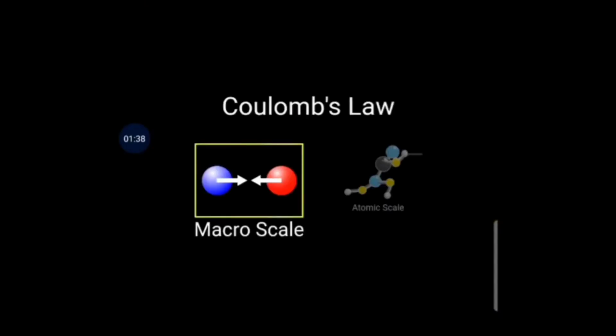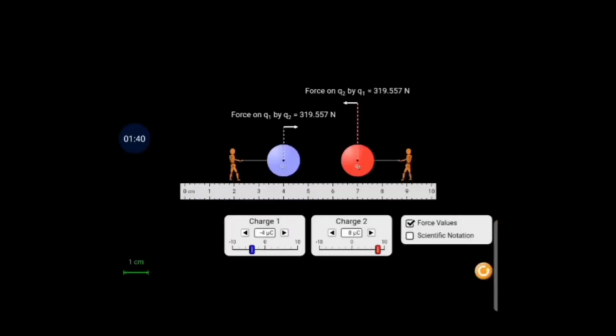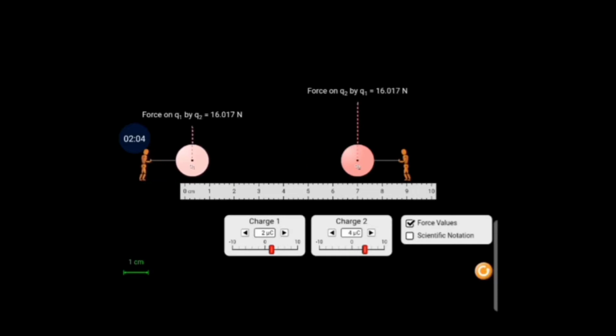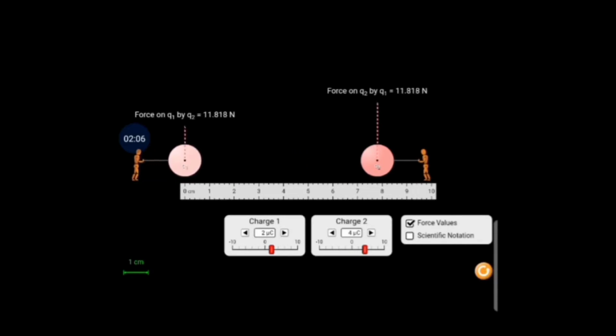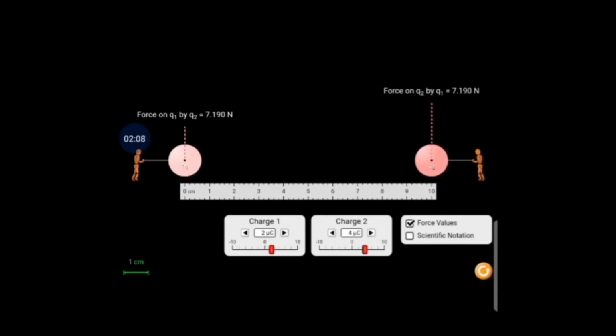To satisfy the objective, do the following steps. First, the following link was clicked and the charges Q1 and Q2 were fixed and their values were written in table 1. Second, the distance between the two charges was changed as shown in table 1.